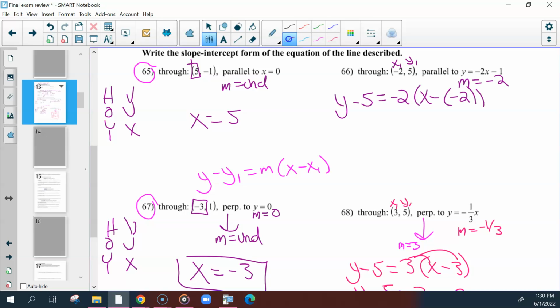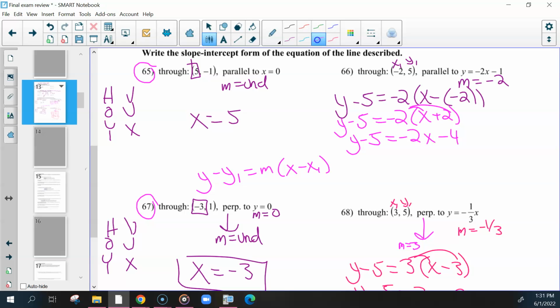Or you can change that to a plus now. I'm going to do that next. So y minus 5 equals negative 2 times x plus 2. Then we can distribute the negative 2. So y minus 5 equals negative 2x minus 4.